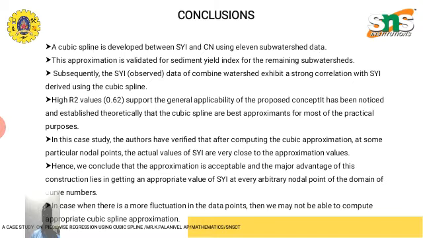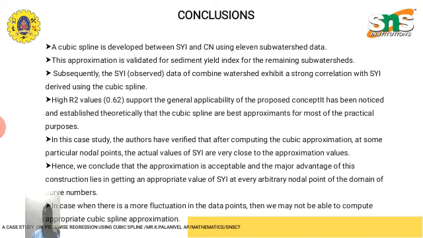Subsequently, the SYI observed data of the combined watershed exhibit a strong correlation with SY derived using the cubic spline. High R2 values support the general applicability of the proposed concept, and it has been established theoretically that cubic splines are the best approximation for most practical purposes.